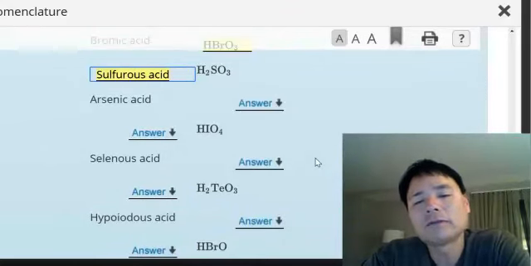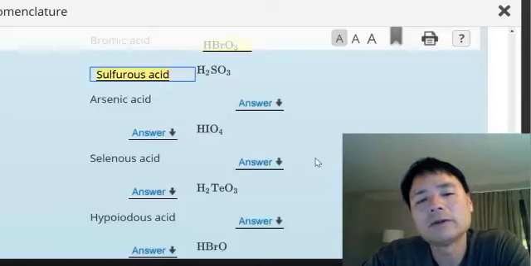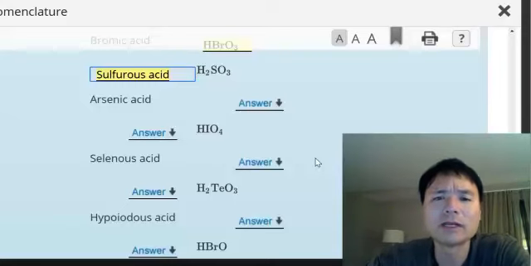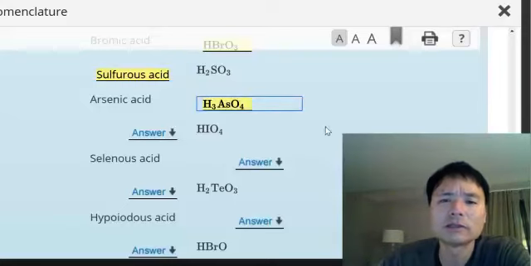Now we can get that from the pattern of the periodic table. Phosphate's a PO4 3 minus, arsenic's right below it, so arsenate must be AsO4 3 minus. With 3 minus charge, we're going to need 3 H pluses, so it's going to be H3AsO4.